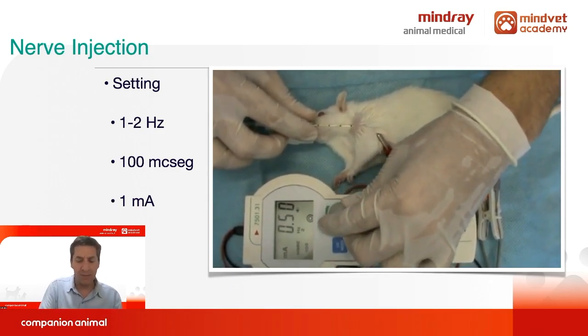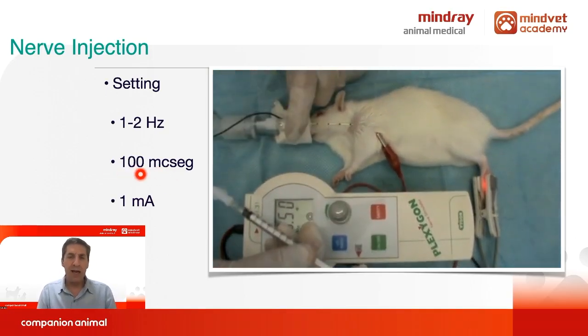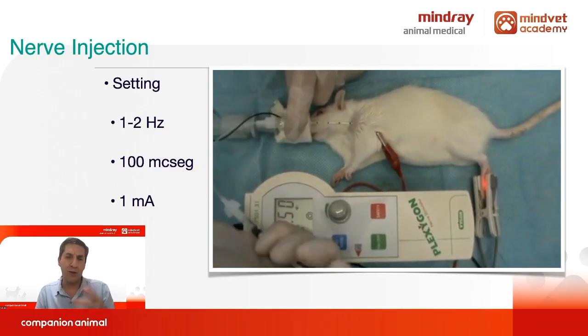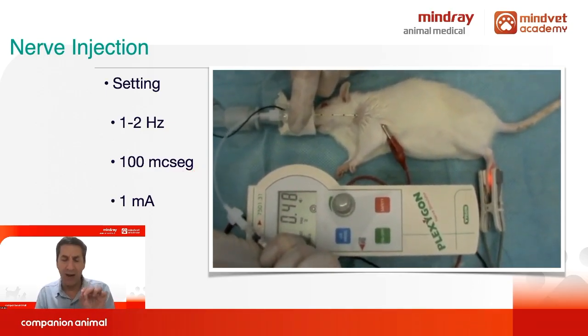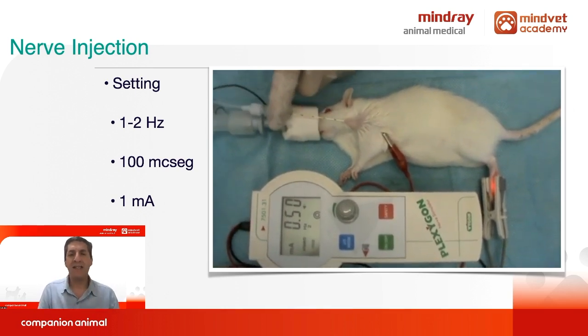The duration, 100 microseconds. This setting is used to depolarize the motor fibers, not the sensory fibers. So we set 100 microseconds just because with this duration of the stimulus, we don't promote pain, we just promote myoclonus.